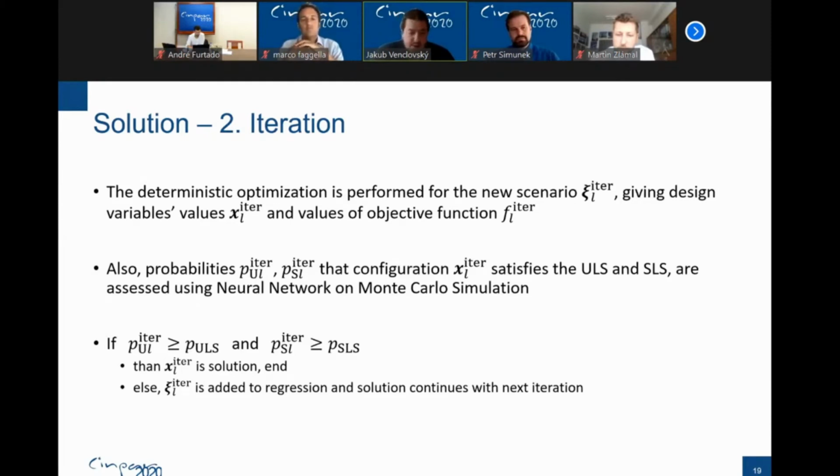And now, if the probability constraints are satisfied, then these values of design variables are our solution, and the algorithm can end. And if they are not satisfied, we put this scenario into the set from which we do the regression analysis, and we continue with the next iteration.